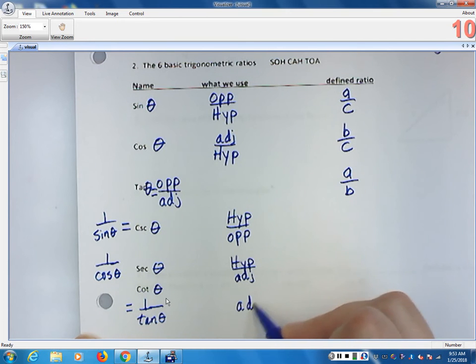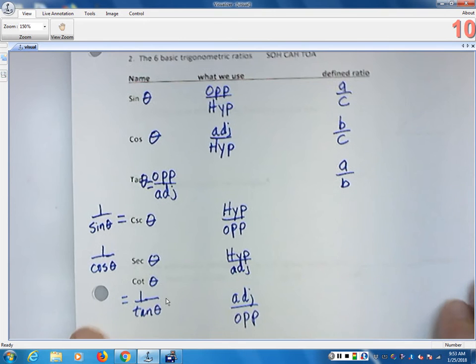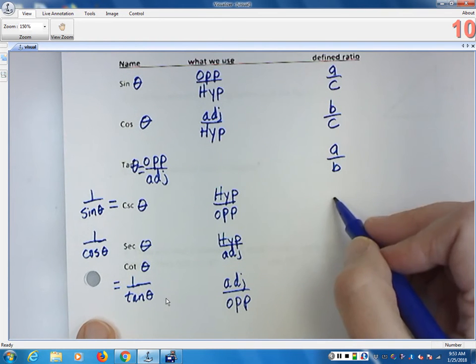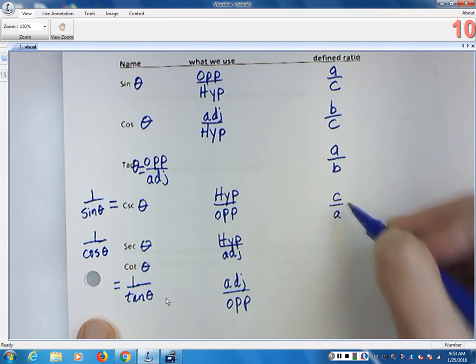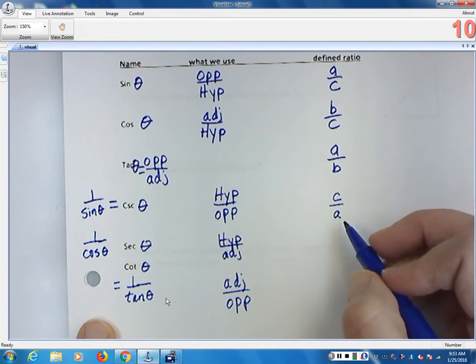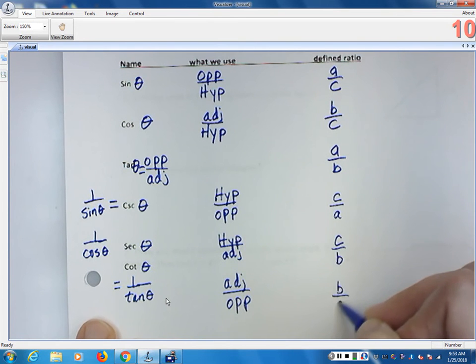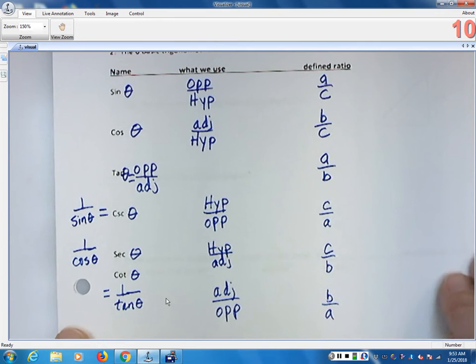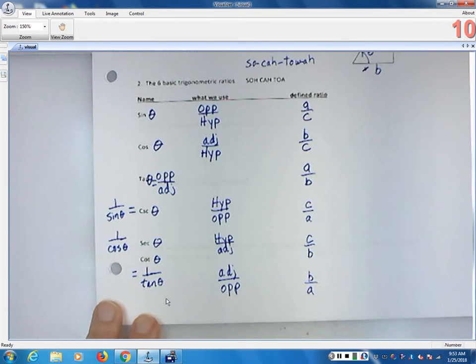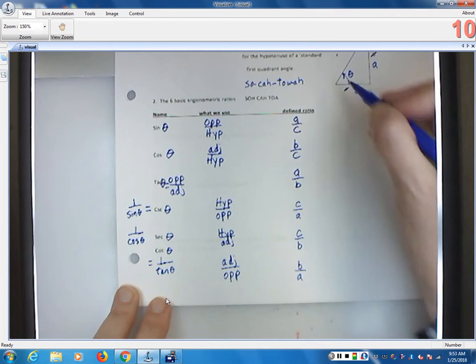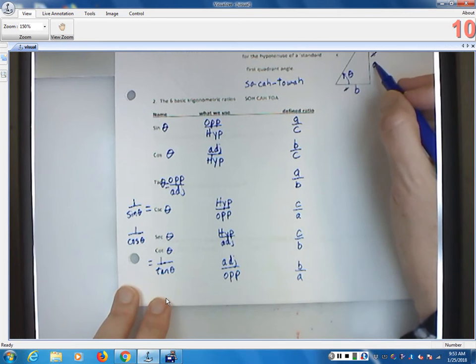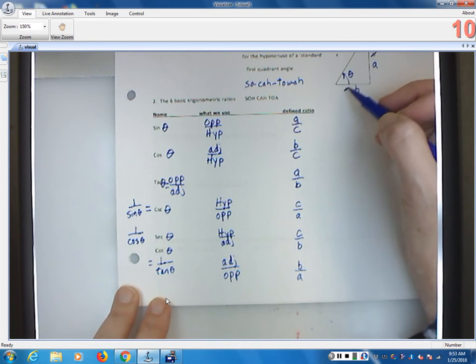adjacent over opposite. So if we fill all these in, you don't need to memorize this, but C over B, B over A. And you could see from the picture we drew that this is theta, opposite over hypotenuse is A over C. And I switched it around to match the book.